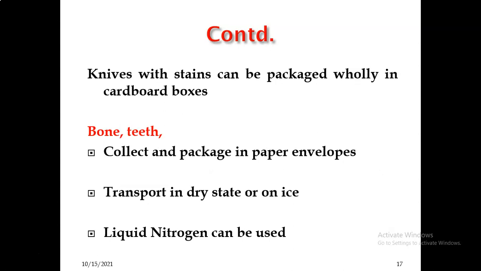Knives with stains can be packaged wholly in cardboard boxes. It is not advisable to package knives in paper envelopes because these are sharp objects. So you always package them in cardboard boxes.